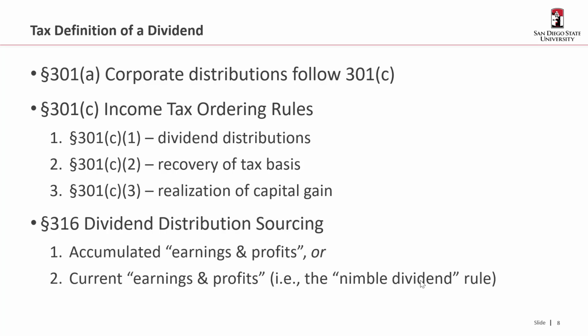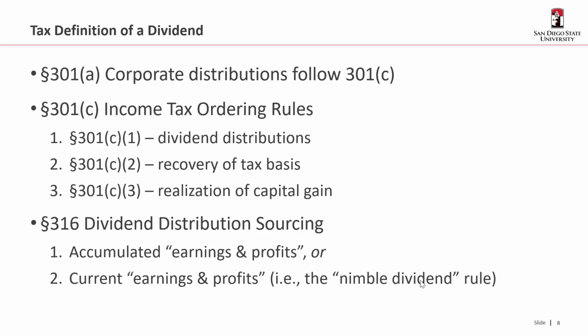Voila. So dividend distribution sourcing comes from 316 because we've had this simple measure of earnings. And the tax rules say, no, it actually comes from something called earnings and profits. And we're going to make you characterize earnings and profits in two ways. The first is accumulated earnings and profits.